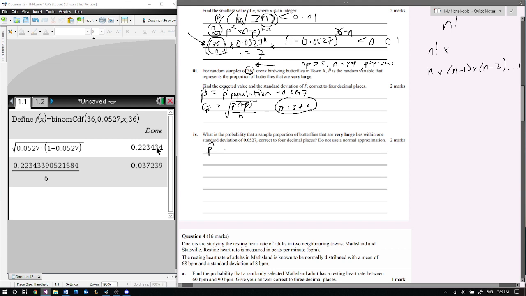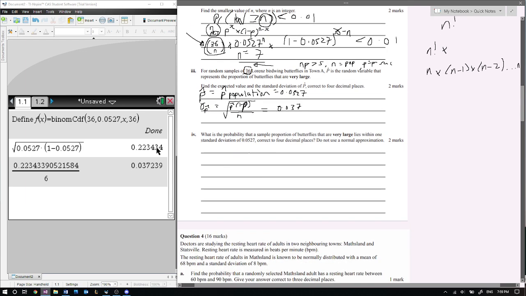A sample proportion that lies within 0.0527 plus 0.0372, because that's one standard deviation. Okay, so because we know that one standard deviation is this, and we know that our sample proportion is this, we can write out our question like this, because it lies within one standard deviation.